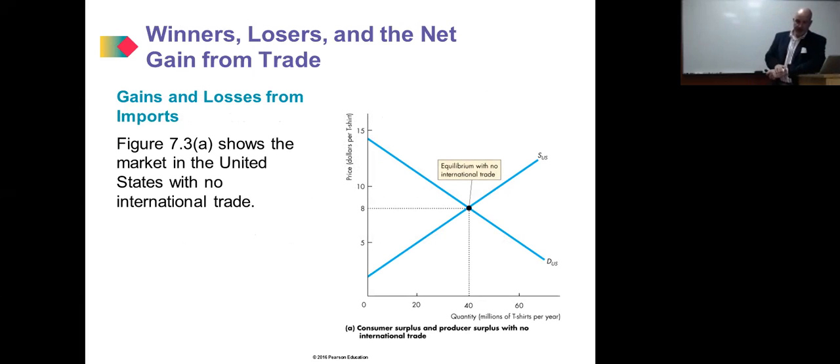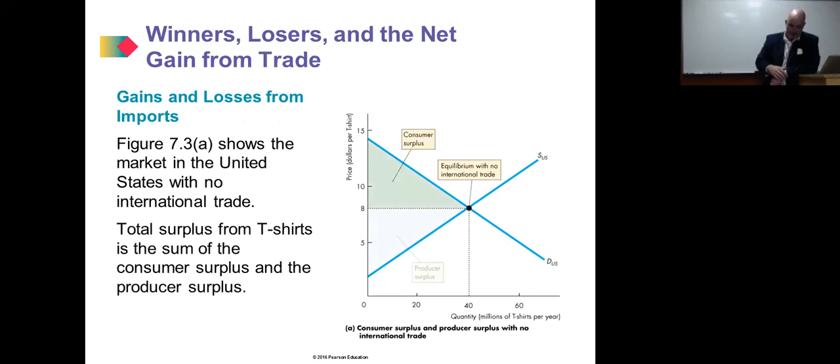Figure 7.3a. So here's the United States with no international trade. We're going back to t-shirts. The green area here is going to show consumer surplus, and the blue area is going to show producer surplus. So right now, equilibrium at a price of $8 per t-shirt, 40 million t-shirts will be produced. Producer surplus in the blue, consumer surplus in the green.